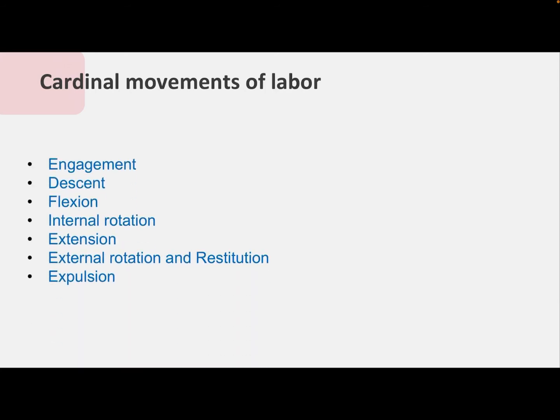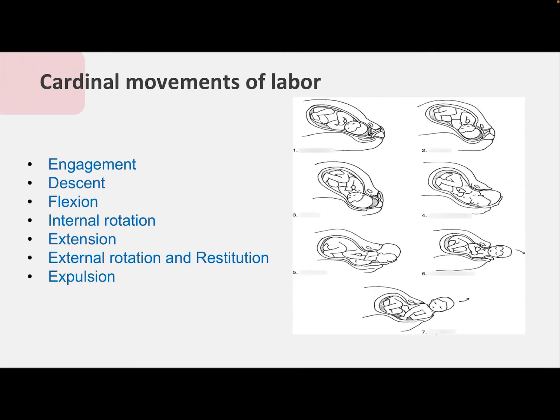In the second stage, there are movements called the cardinal movements of labor. What are these movements? We have 7 movements: engagement, descent, flexion, internal rotation, extension, external rotation and restitution, and expulsion. So what are these movements?